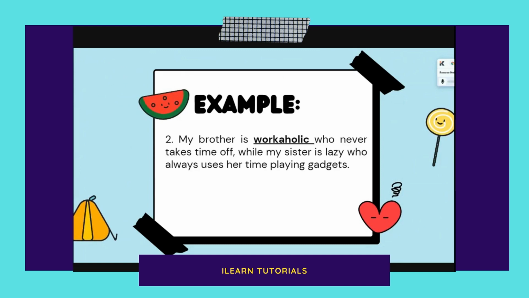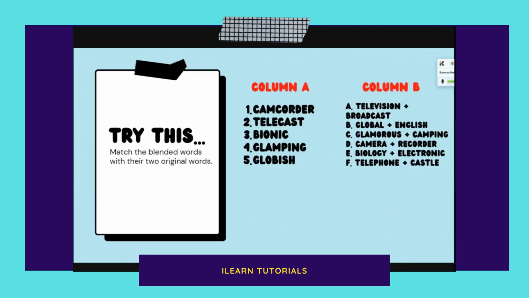Okay? So now let's try this. You need to match the blended words with their two original words. In column A, we have blended words such as camcorder, telecast, bionic, glamping, and globish. While in column B, we have the original words.